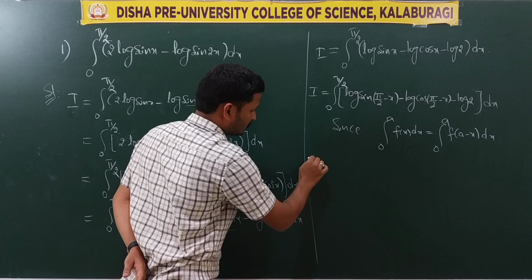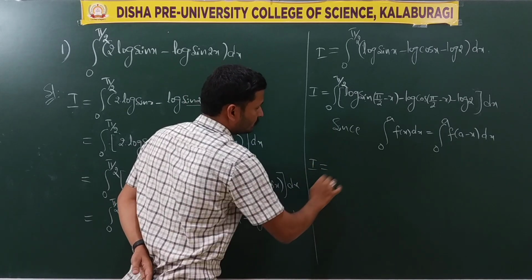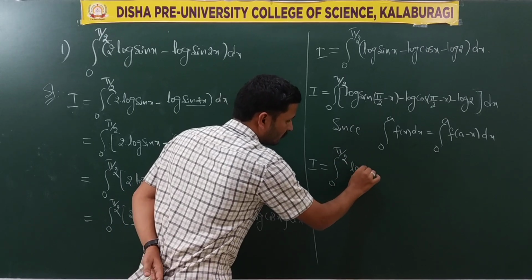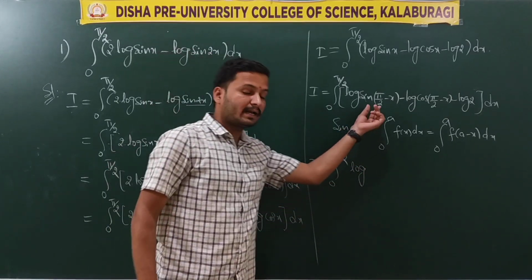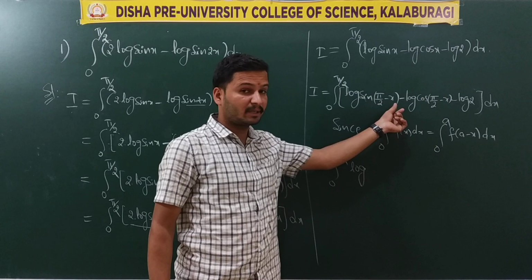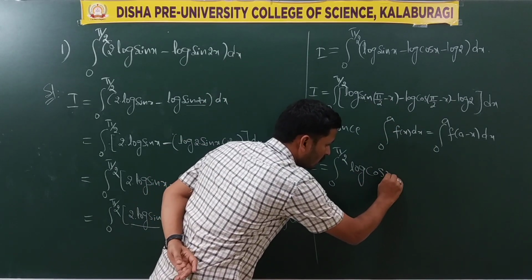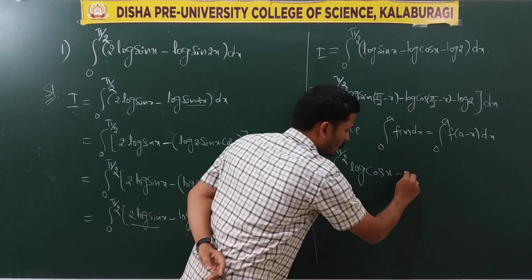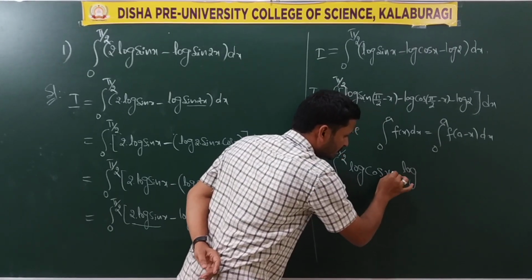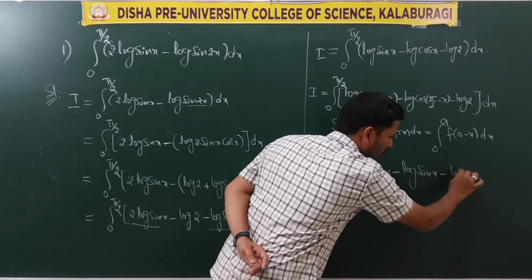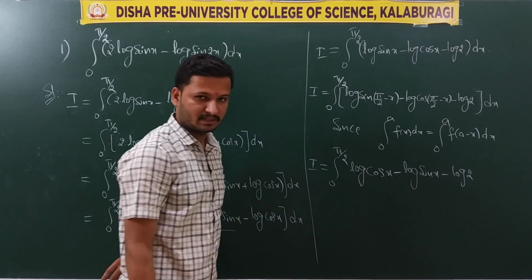Then I is equal to the integral from 0 to pi by 2 of log of sin of 90 minus x. By the allied angle concept, sine of 90 minus x is cos x. So log of cos x minus, here, log of cos of 90 minus x, that is sin x, minus log 2, the constant term as it is.